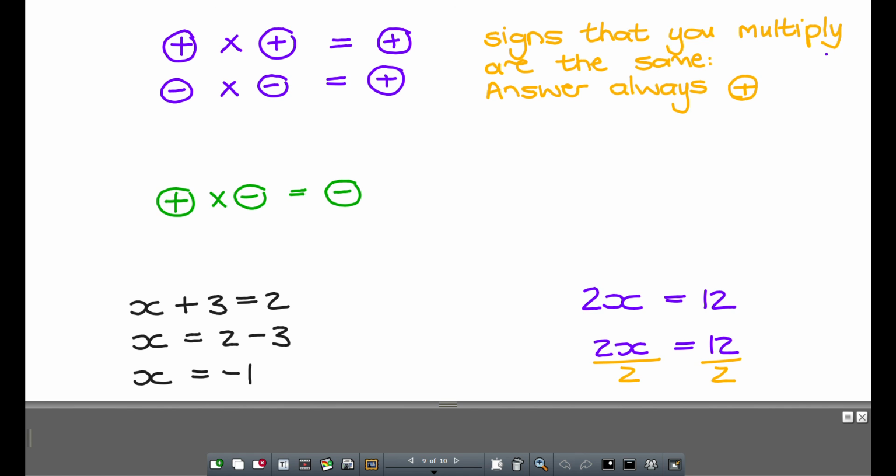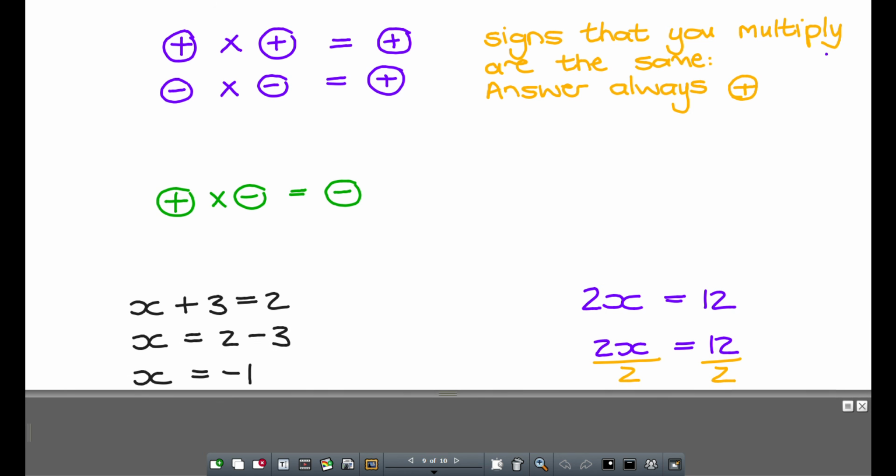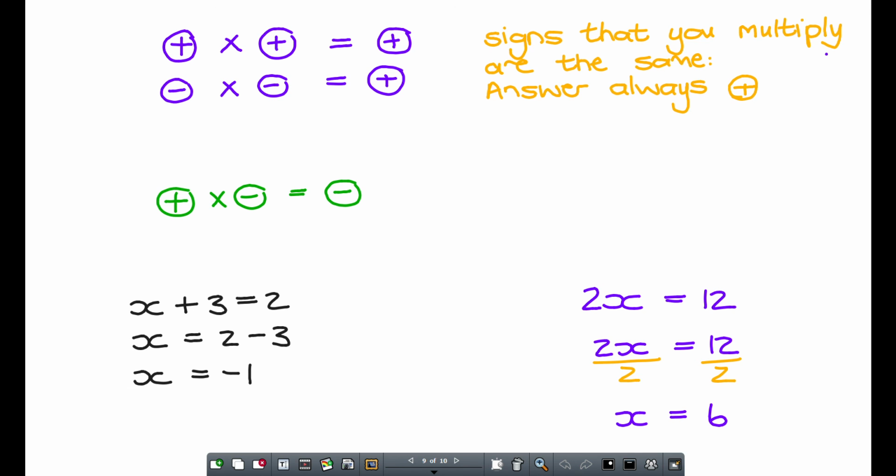Now you can look at the right-hand side, the blue one. If I've got 2x and that's equal to 12, we have to get rid of that 2. And this is actually 2 times x, right? So if I want to get rid of that times 2, I'm going to divide. Yes, so that's the same as saying divide both sides by 2. And that means that your answer will be 6. Don't we use that division symbol anymore?